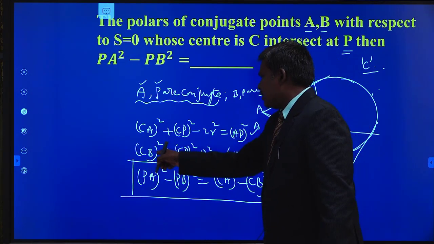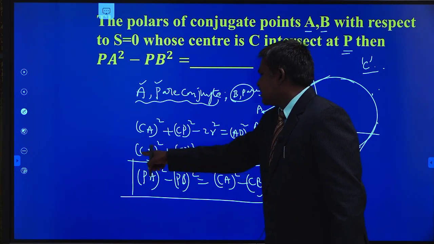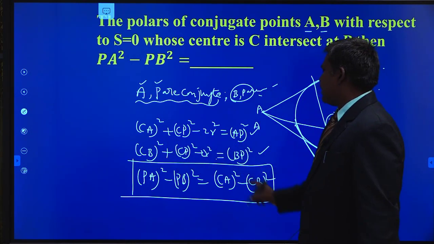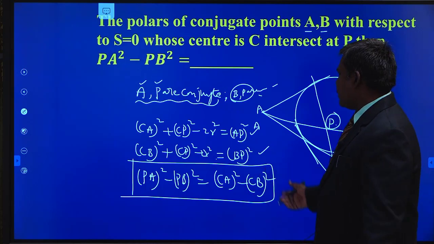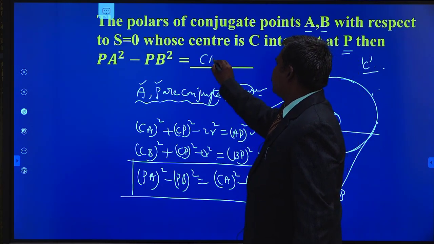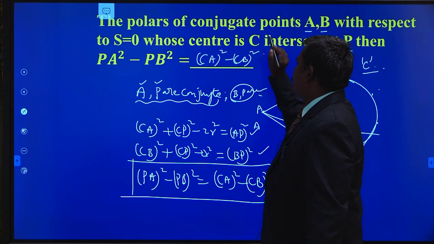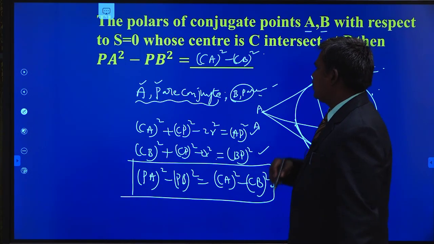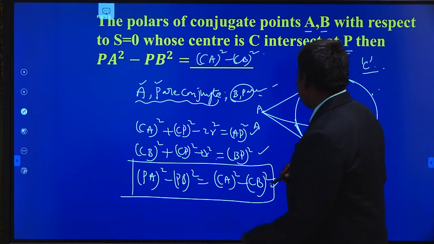In the same manner, B, P are conjugate points, so C is the center, CB square plus CP square minus 2R square equals BP square. Just subtracting one from another, we get the result as CA square minus CB square. What is C? Center of the circle. A, B are conjugate points with respect to the circle. Understand?